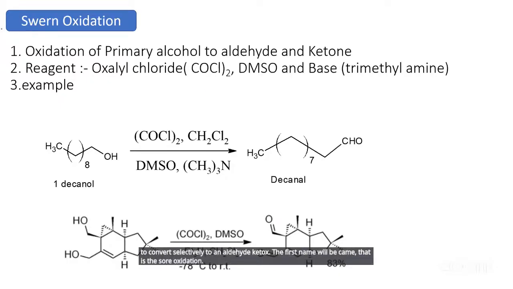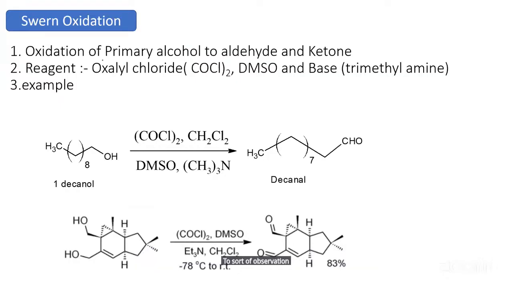The Swern oxidation specifically gives conversion of primary alcohol to an aldehyde, and secondary alcohol to a ketone, in presence of oxalyl chloride, (COCl)2. The reaction takes place in presence of DMSO and a base reagent, that is triethylamine.